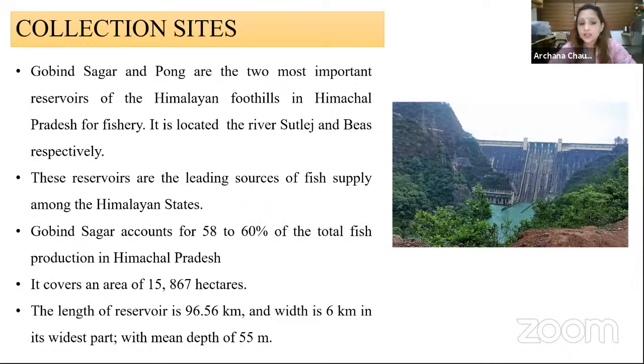This is a reservoir which is one of the very important sources of fish supply, specifically to the hilly states or the Himalayan states of the region, including Himachal and Punjab. It is located on the Satluj River. This is a man-made reservoir created on the river Satluj in the foothills of Himachal Pradesh.